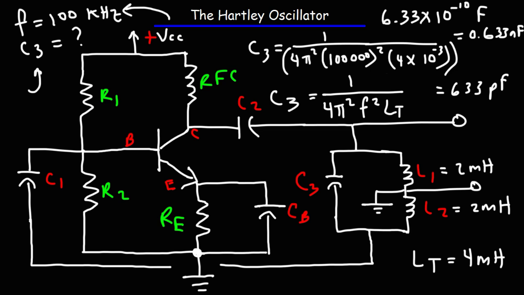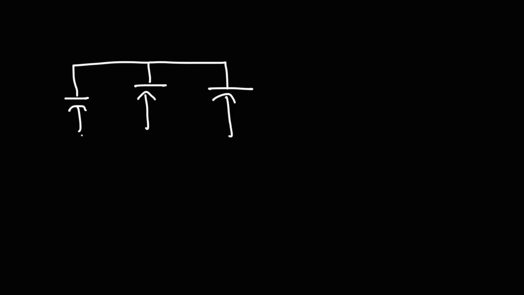But now, it might be difficult to find a capacitor with this exact value. So what you need to do is combine multiple capacitors to get that value. So let's talk about how we can do this. Whenever you add capacitors in parallel to one another, the equivalent capacitance is the sum of the individual capacitances.